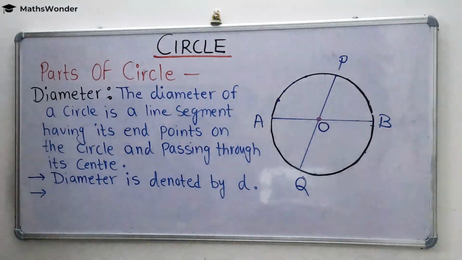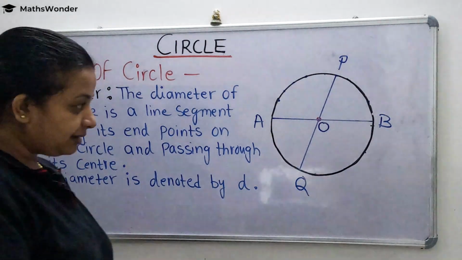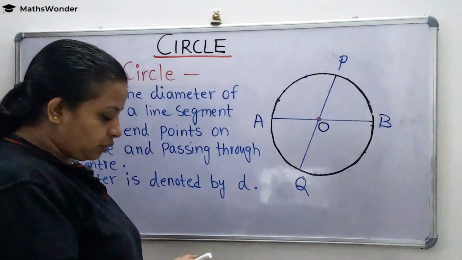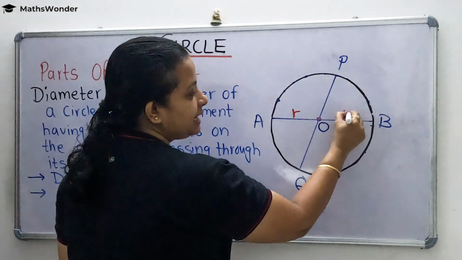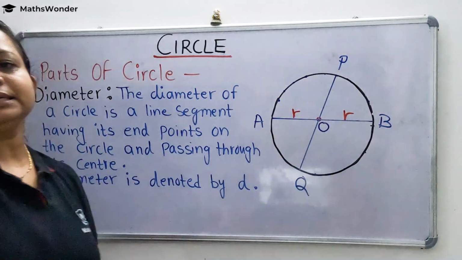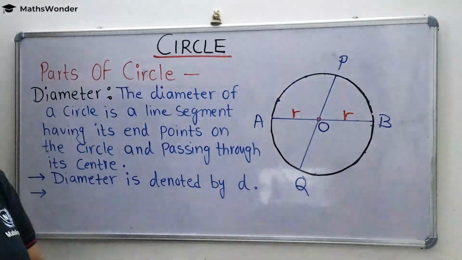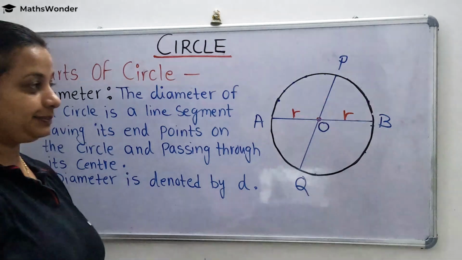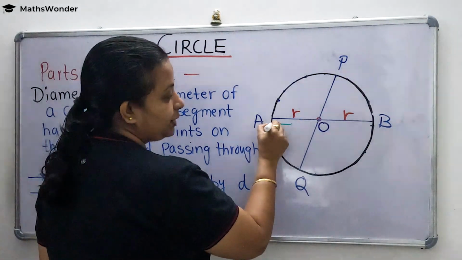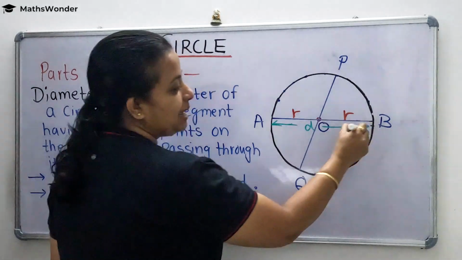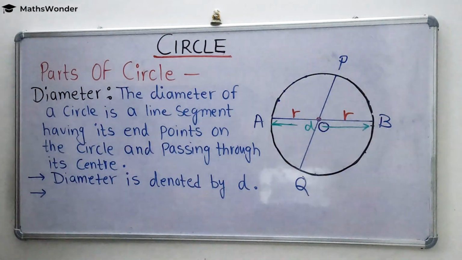Now, diameter is, see, this is the radius. Now look at the board. This one is the radius, and this is also the radius. So when you add two radii, you will get the diameter. The whole is the diameter. Now come to the formula.